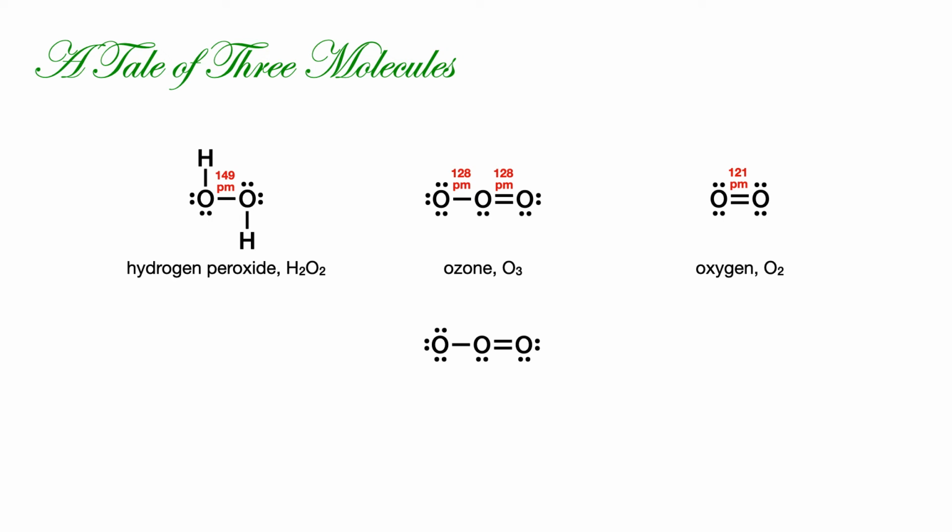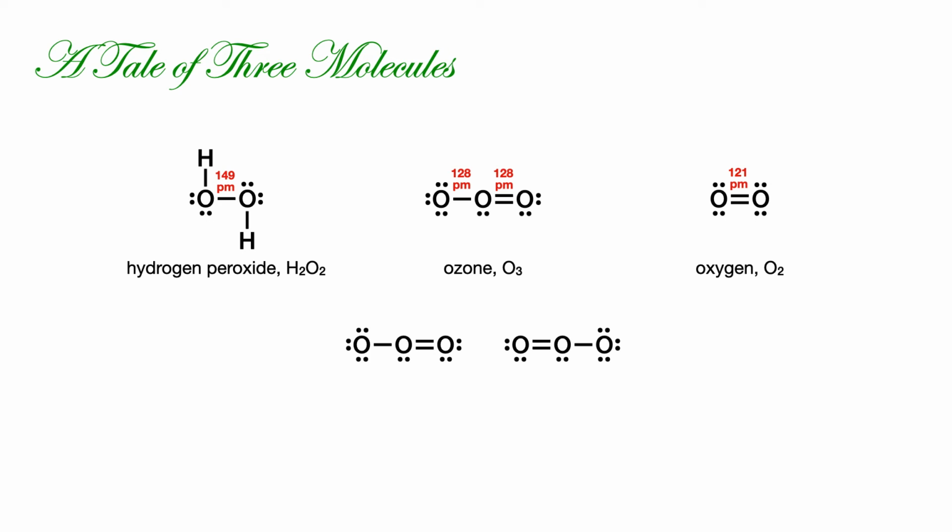There's no reason why the bonds have to be in those positions. We could just as easily draw this picture with a double bond on the left and a single bond on the right. And if we draw both of these, we can say that ozone has aspects of both of these Lewis structures. And this is what we do.